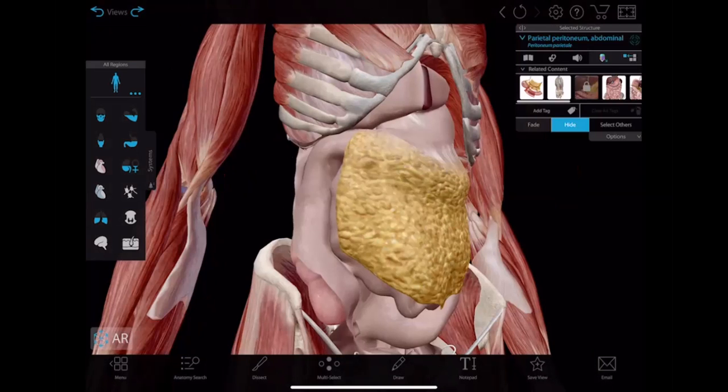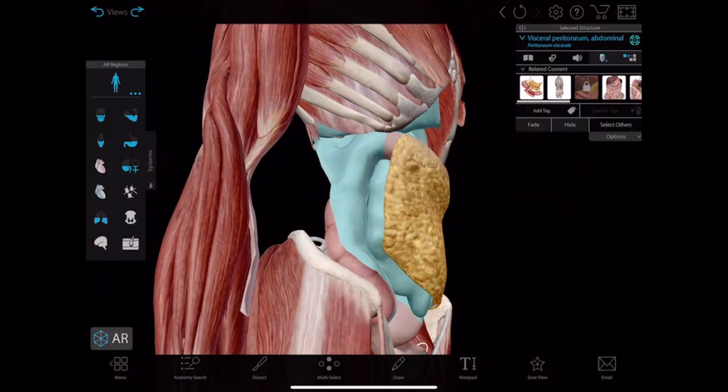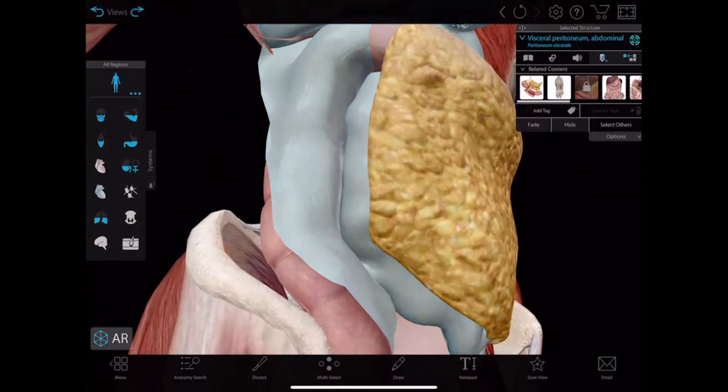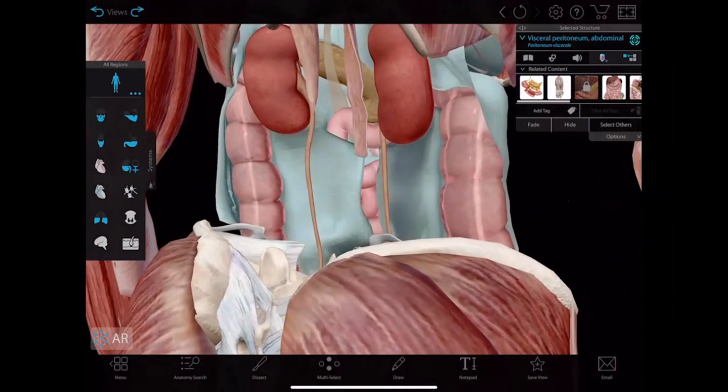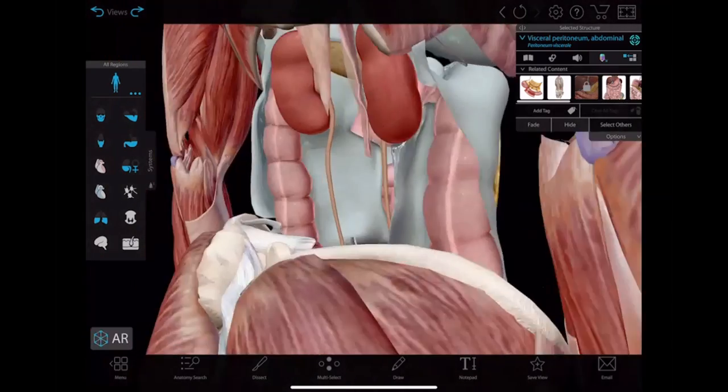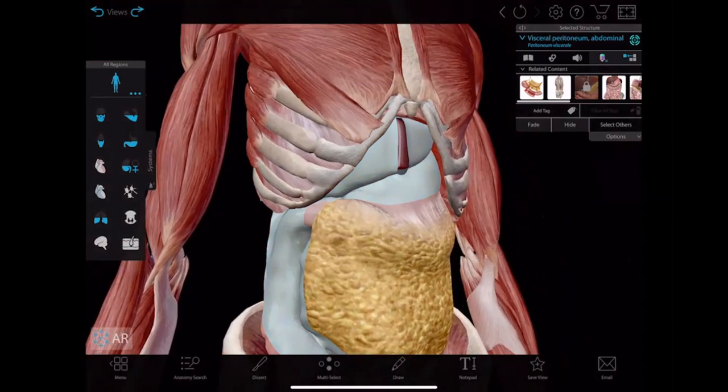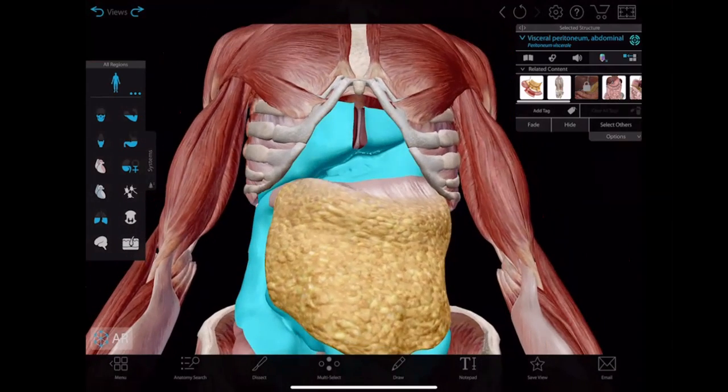So this layer which is immediately surrounding the organs, for example, you see this is colon, cecum, this is ascending colon. This layer immediately above the organ is called visceral peritoneum. The visceral peritoneum surrounds the stomach, liver and all.